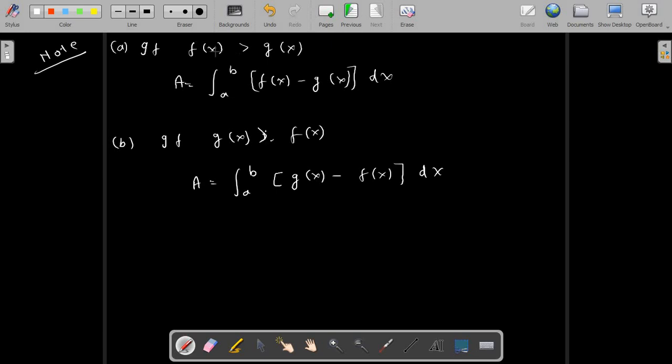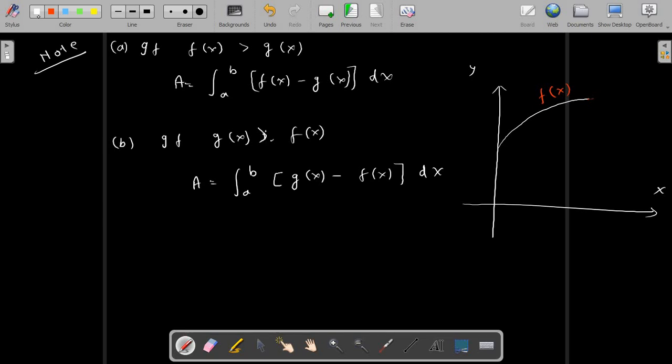Now, how will we decide which function is greater? On given axes, x and y, the function having greater values of y is considered greater. If the function is in the form of x, then you take y, and whichever has the greater y value will be considered greater.